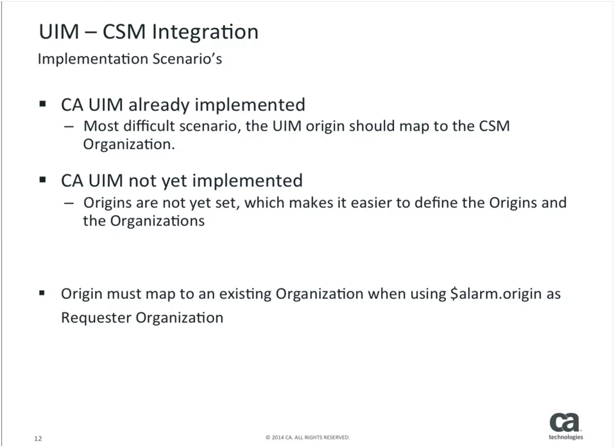If URM is not yet implemented, that's the easiest solution of all. Then we have just CSM and we have just to install URM and set up the NFV gateway because the origins are not yet set, and that makes it easier to define the origins and the organizations and create a mapping between the two. So an origin must map to an existing organization when we are using the $alarm.origin as a requester organization.